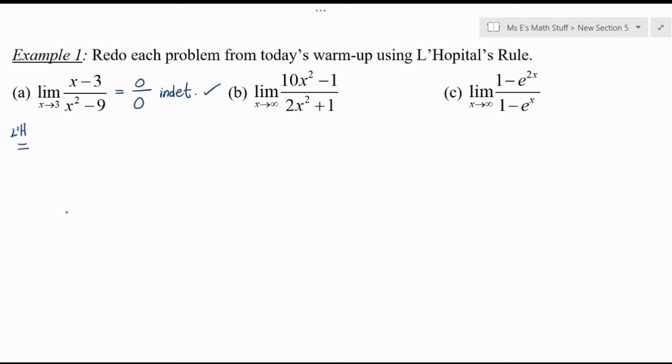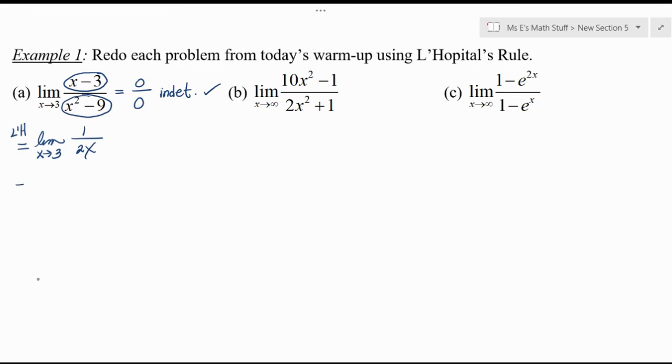So if you do have an indeterminate form, then the original limit should be equal to the limit as x approaches the same target number of the derivative of the numerator. And what's the derivative of x minus 3? It's 1. Divided by the derivative of the denominator, which would be 2x in this case.